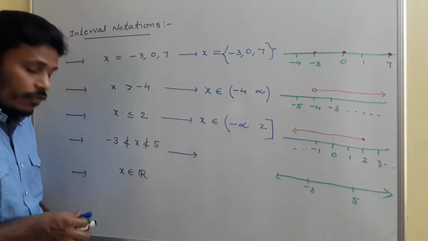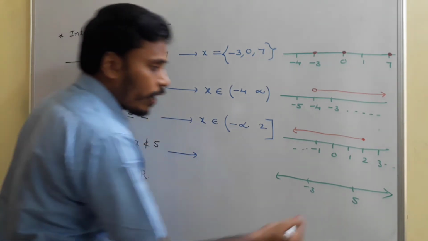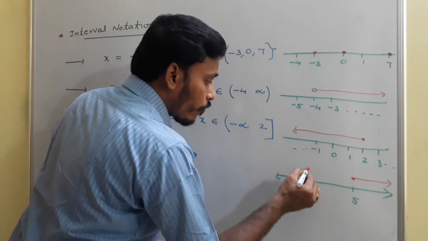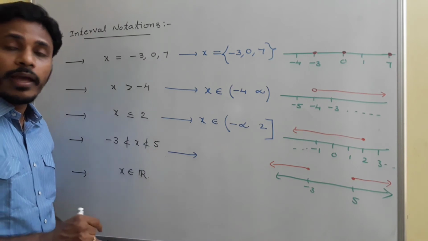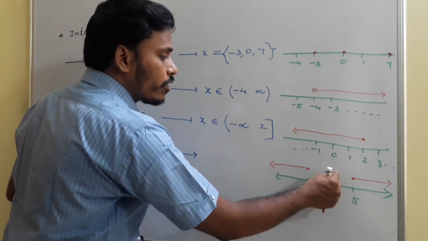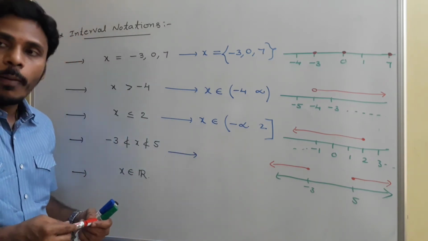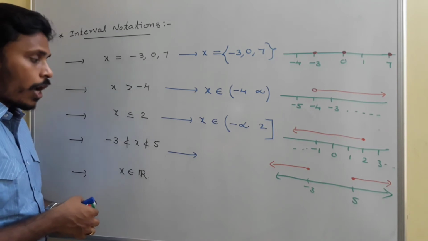Since they are not in between minus 3 and 5, they may be outside of that region. So they may be on the right side of 5 and the values of x may be on the left side of minus 3. Since they are not in between minus 3 and 5, you need to neglect this region. You may take either the right side of 5 or the left side of minus 3. As an interval, you need to locate it.